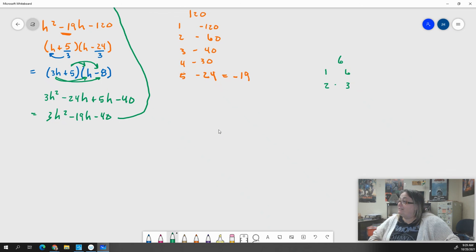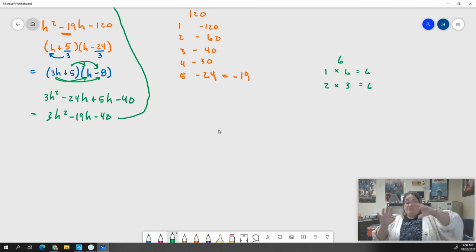When I multiply these two factors back together, I better still get 6, right? Or they're not factors. So even when we're talking about trinomials, it works the same way. If we're finding the factors of those trinomials, when we multiply them back together, it should take us back to our original equation, right? That makes some sense, does it not?